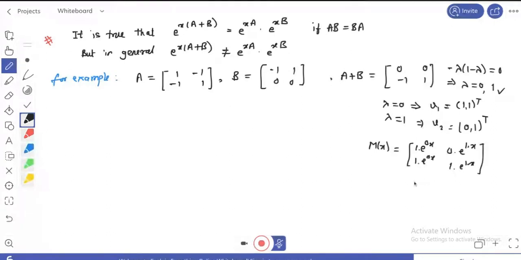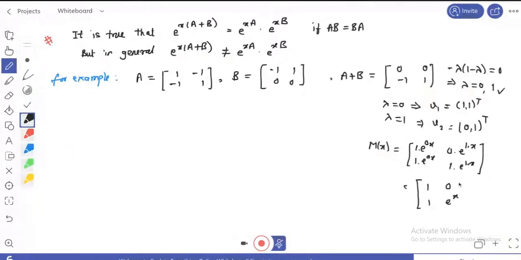So here, what is your fundamental matrix? 1, and that equals 0, and okay, here e to the power x. This is e to the power x. So this is your fundamental matrix.